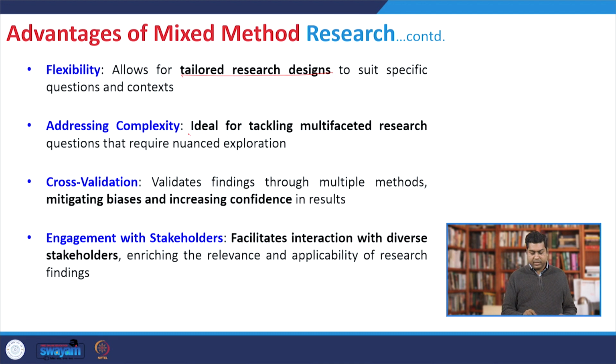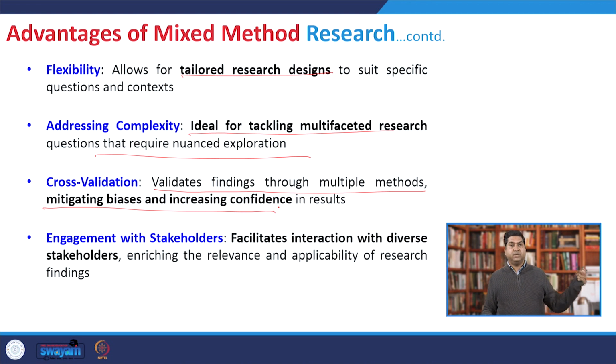So, mixed method is ideal for tackling multifaceted research questions that require nuanced exploration. So, exploratory and confirmatory aspects can be addressed. Cross validation. So, mixed method validates findings through multiple methods, mitigating the biases and increasing the confidence in results. So, again balancing subjectivity and objectivity, reducing biases is one of the advantages of mixed method.